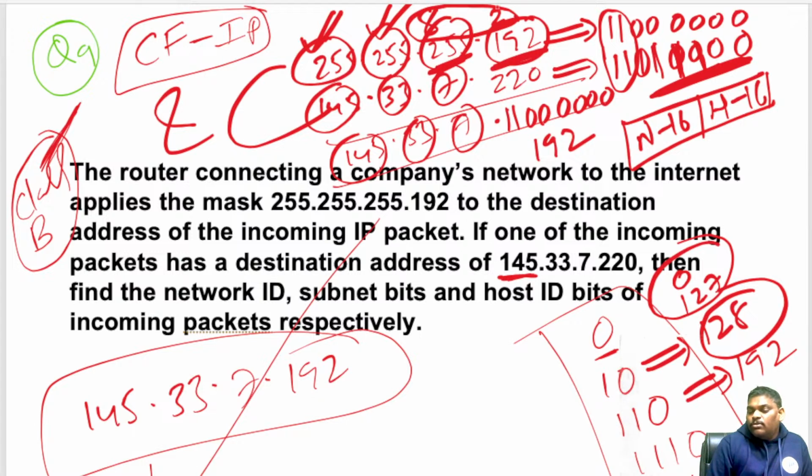How did the remaining also become ones? Oh, it's the subnet part. Subnetting means borrowing bits from the host area. I think he borrowed 10 bits. Am I right or not? He borrowed 10 bits.